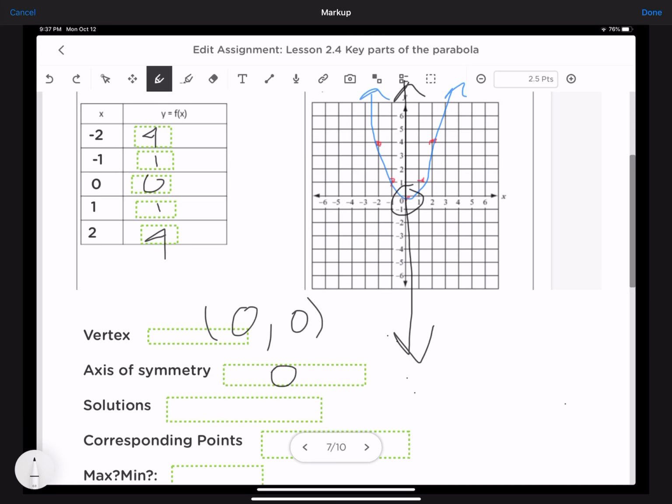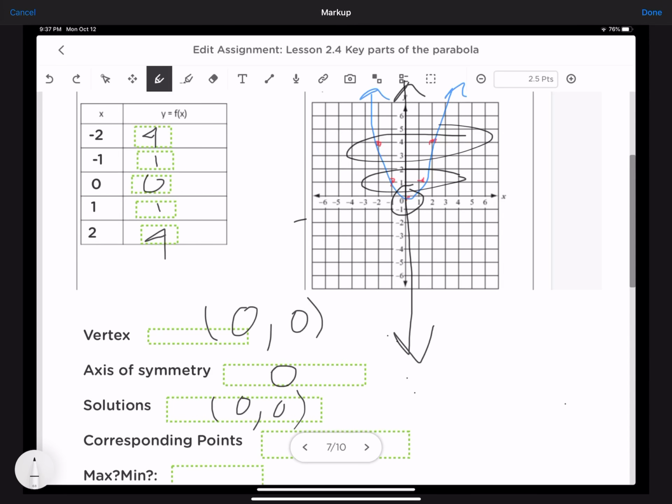Then I'm going to look at what solutions I have. The only place where x touches my parabola is at 0, 0. So again, my solutions are 0, 0. And then what points correspond? We have 2 sets of points that correspond to each other.